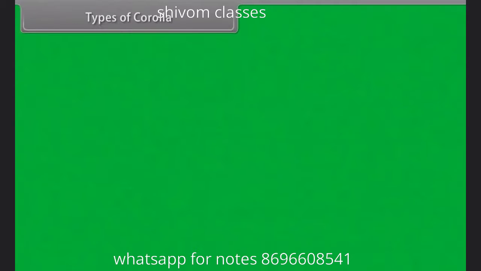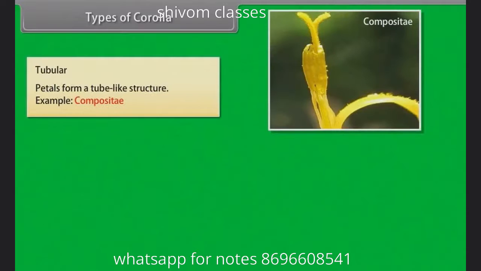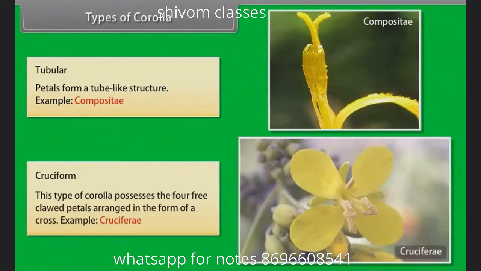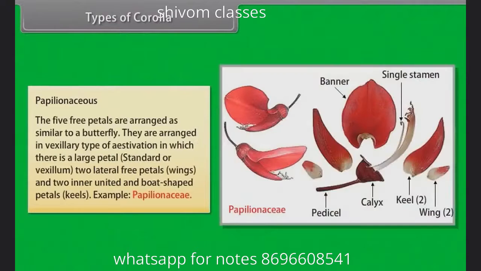Types of corolla. Tubular. Petals form a tube-like structure. Example, compositae. Cruciform. This type of corolla possesses the 4 free petals arranged in the form of a cross. Example, cruciferae. Papilionaceous. The 5 free petals are arranged similar to a butterfly.